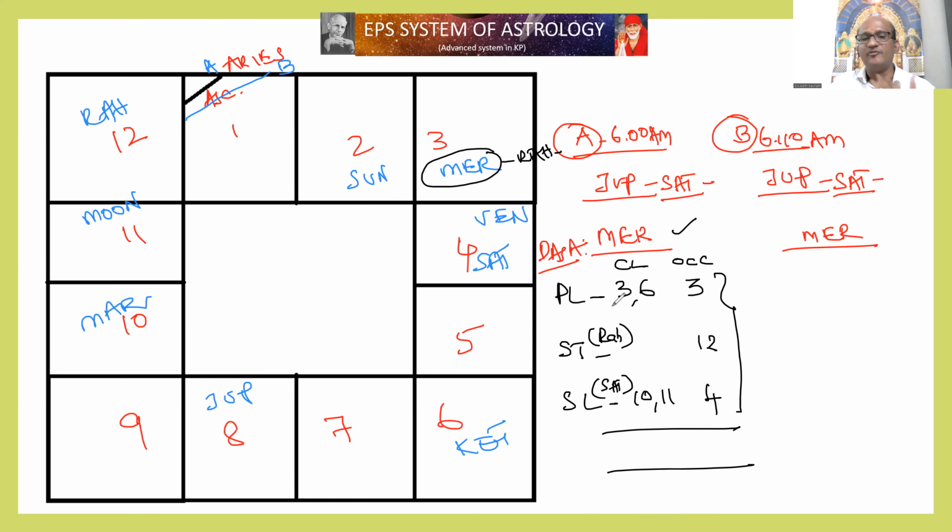As I said, whether the planet Mercury is aspected by any planet, conjoined with any planet, Rahu, Saturn, conjunction, aspect, all these things are going to be included. That way we normally do it. I think this is the way we follow, right? Any doubt? Pavanji, you can explain.